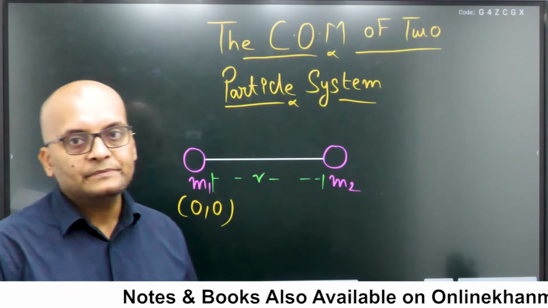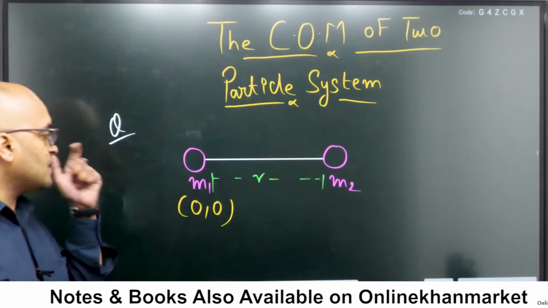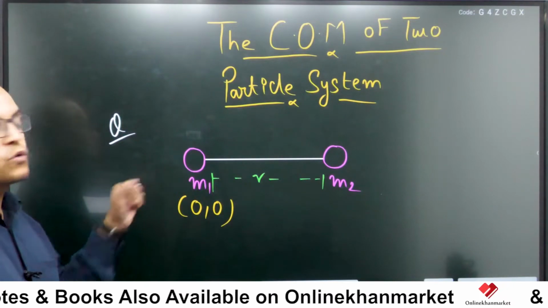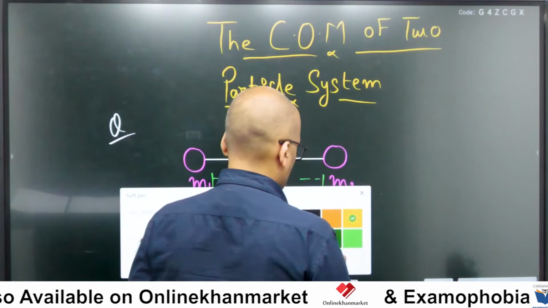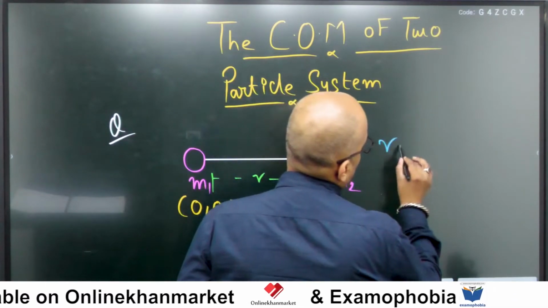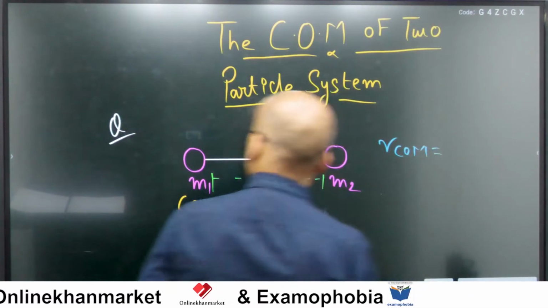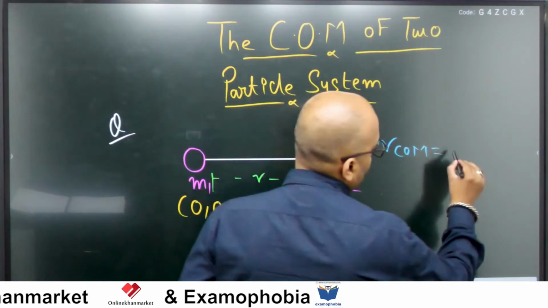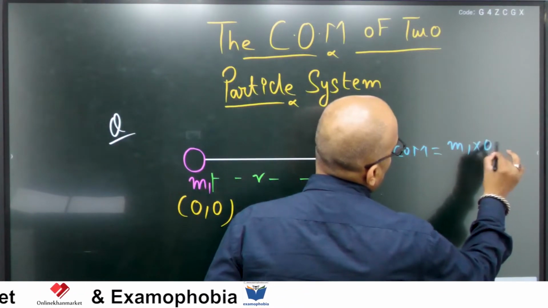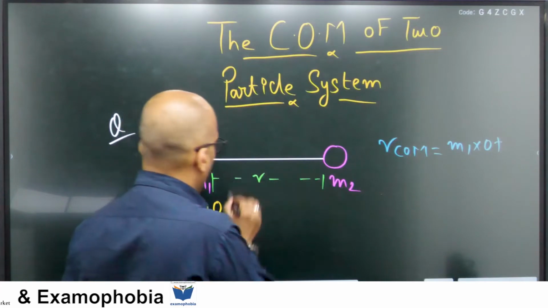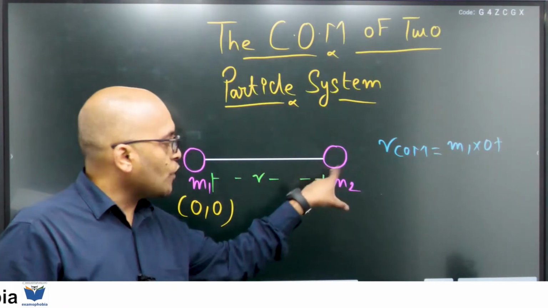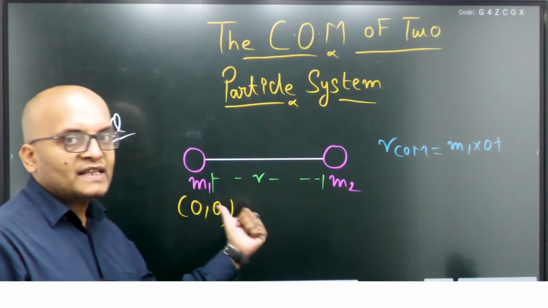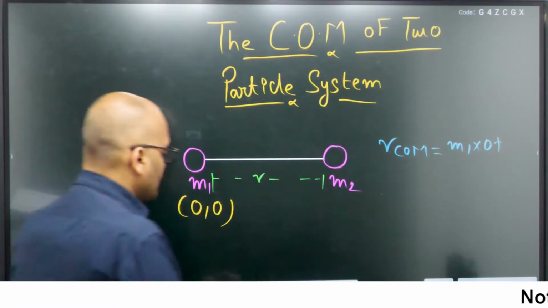Clear? Now if I want to calculate the coordinates of the center of mass, what will that be? Pay attention. The coordinate of the center of mass will be m1 into r1, that is m1 into 0, plus m2 into r2. Now see, what are the coordinates of m2 with respect to m1?